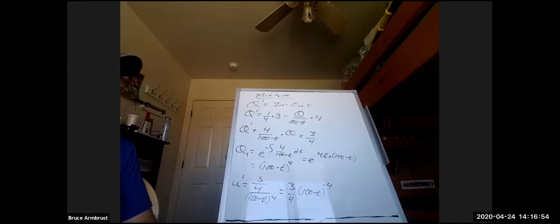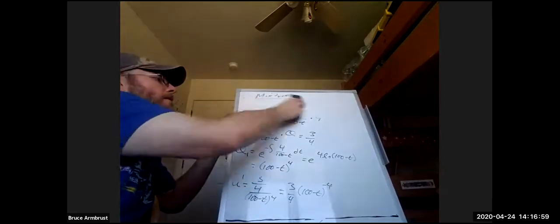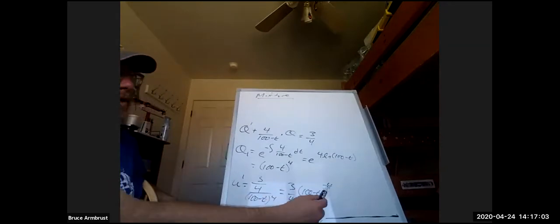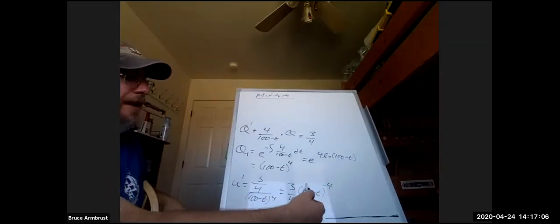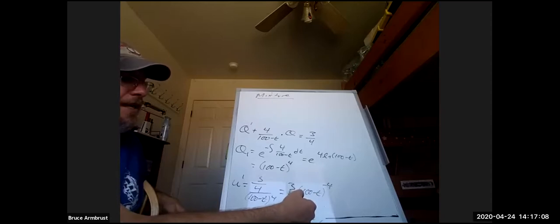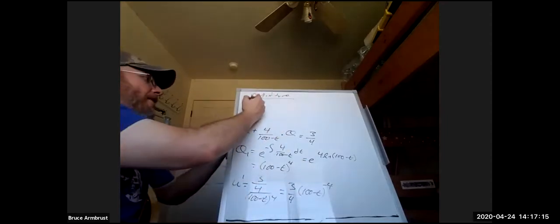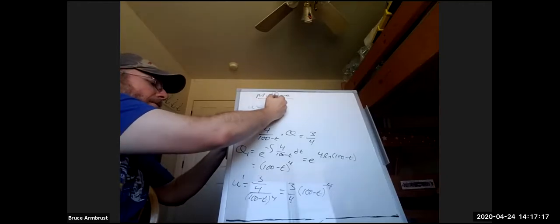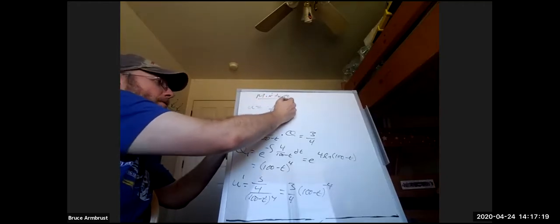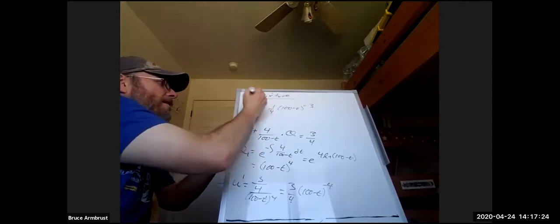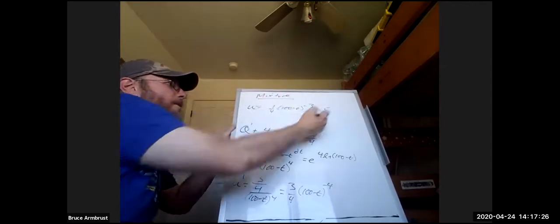If I integrate that to figure out what my u is, I raise that to the minus 3 and divide by minus 3. But then I also need a minus sign from inside, so all those signs are going to cancel. And I'm pretty sure that gives me u equals 1/4 (100 minus t) to the minus 3 plus c.